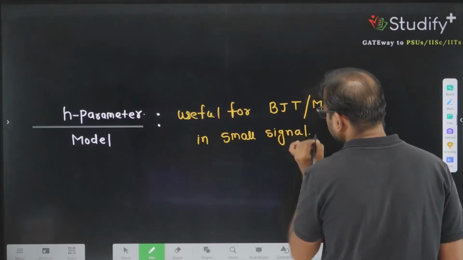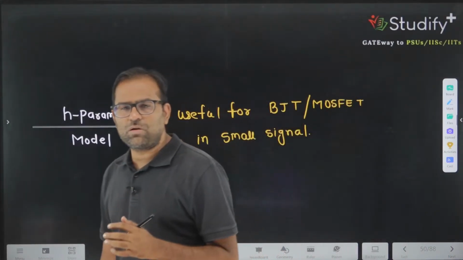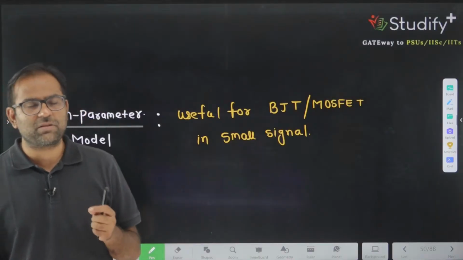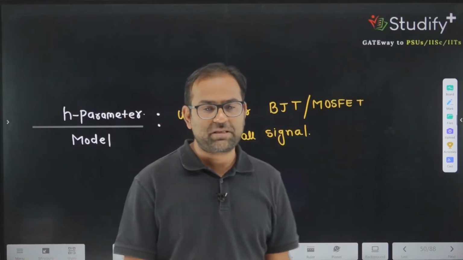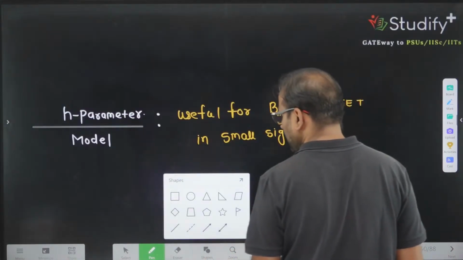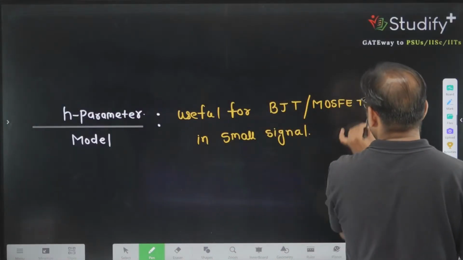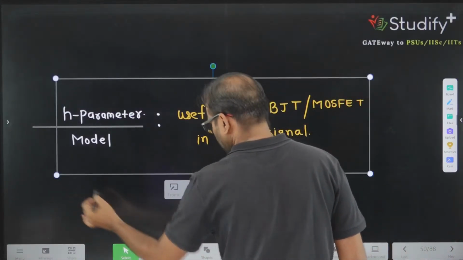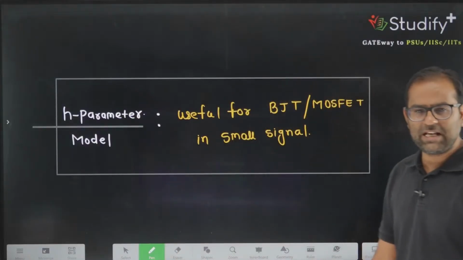Why I am calling a small signal? Because whenever you want to analyze your transistor for amplification purpose, in that case this is a very important model to analyze the BJT, the dependent source model. So this parameter is known as H parameter.